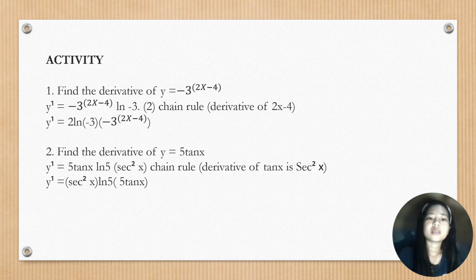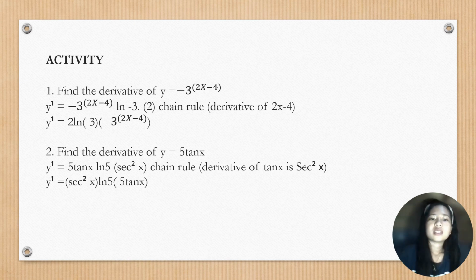So y prime is equal to 3 raised to the power of the quantity 2x minus 4 times ln of negative 3 times 2, because the derivative of 2x minus 4 is 2. So y prime is equal to 2 ln of negative 3 times negative 3 raised to the power of the quantity 2x minus 4.